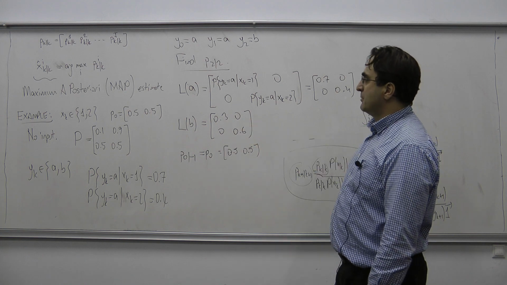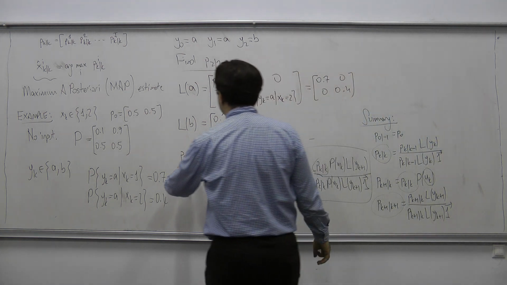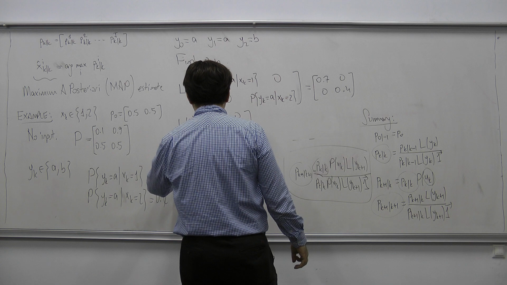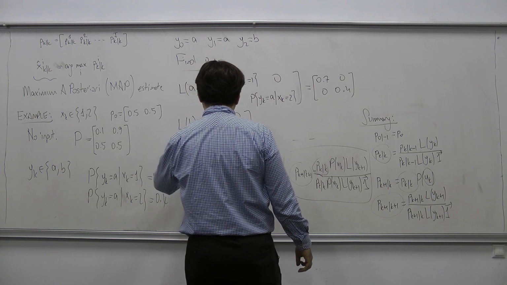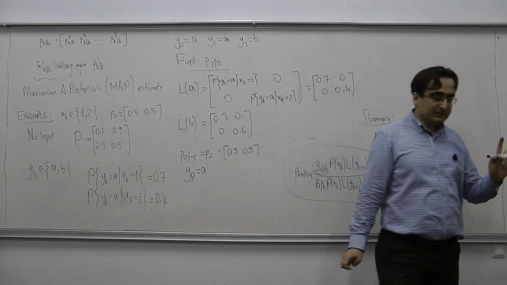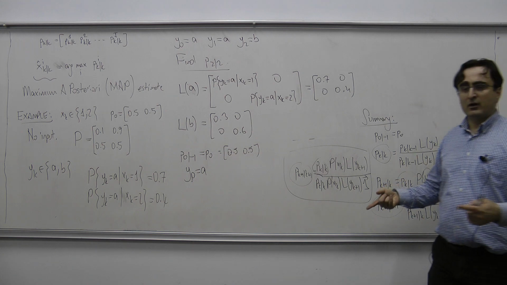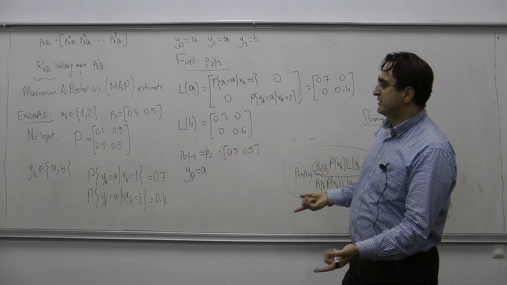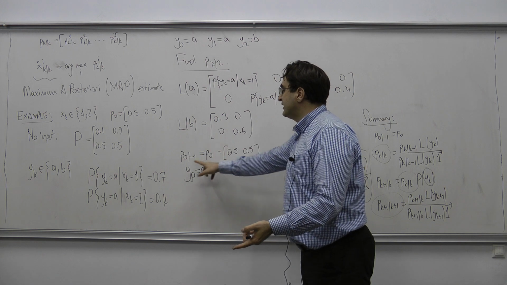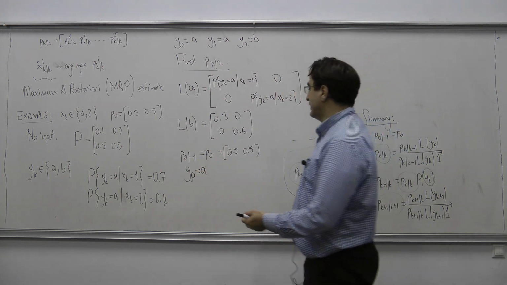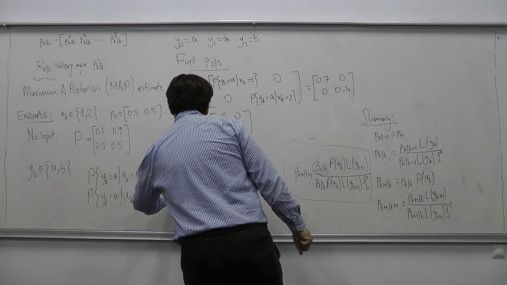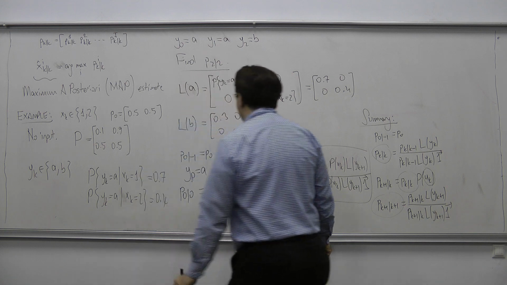But then we collect a measurement. We get our first measurement, and that is y0 equals A. Then we are asked, what is the posterior probability distribution of the state given this y0? That is going to be P0 given 0.